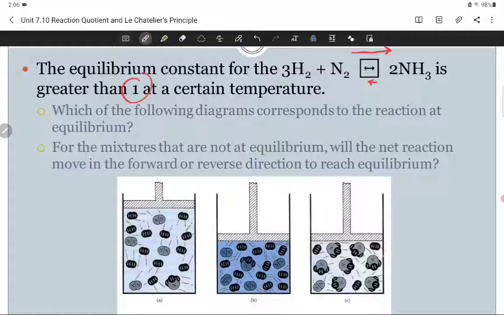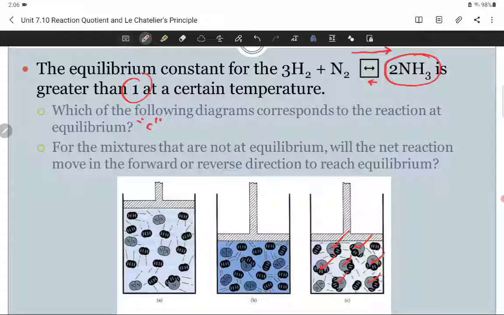So if you have a K of greater than 1, you should have lots of product. So we should be finding one of these vessels that has lots of ammonia. And the only one that has lots of ammonia is this one. So I would say we would like C for that one.